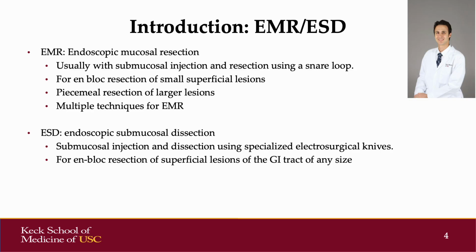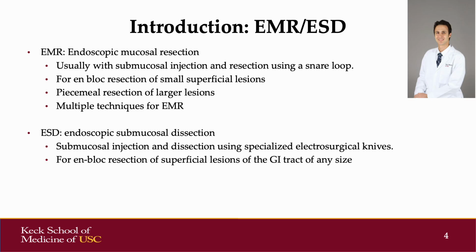First of all, it's important to understand the difference between EMR and ESD. EMR is endoscopic mucosal resection and usually involves removing a lesion using a snare loop using a submucosal injection of fluid. This is very useful for en-bloc resection of small superficial lesions. However, when lesions are larger, they tend to require piecemeal resection if removed with EMR.